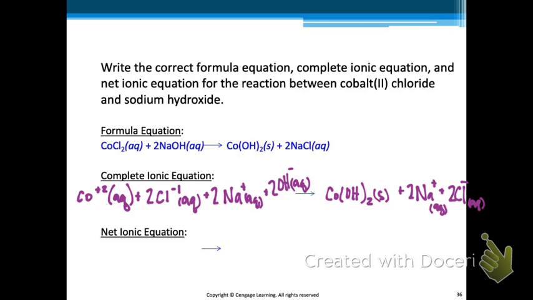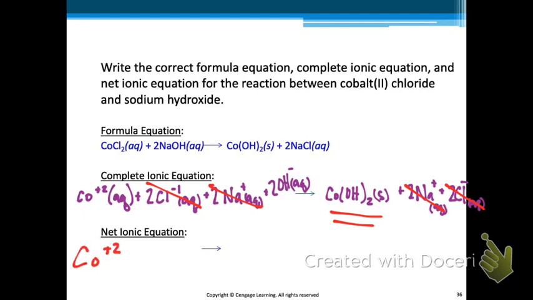Now we need to double check both sides. If it's helpful, you can just cross things out. I have 2 chlorines here, 2 chlorines here, 2 sodium here, 2 sodium here. Over here I don't have 2 hydroxides because now it's in a new form, so I can't cancel that out. That helps me take out my spectator ions and figure out what really formed, what goes into my net ionic equation, and it's got to be what's left over.